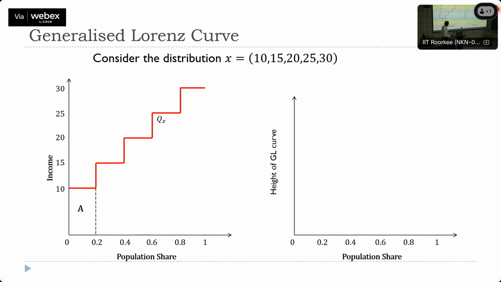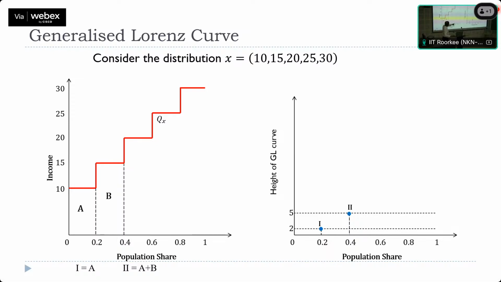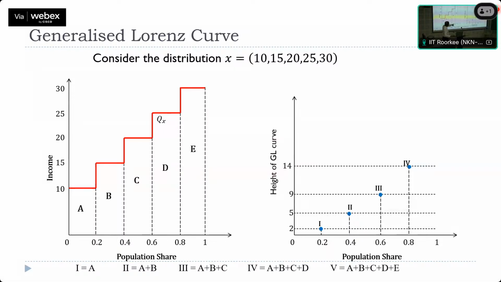So you take the area: 10 times 0.2, which is 2. For the second one, you add a plus b, so 2 plus 3, which gives you 5, and so on. If you keep adding this area, what you get is called a GL curve.